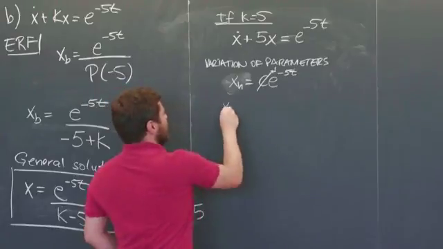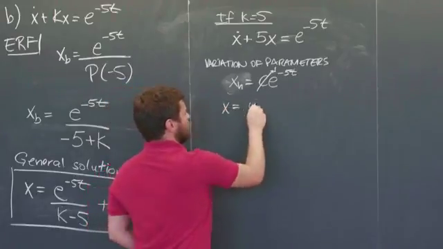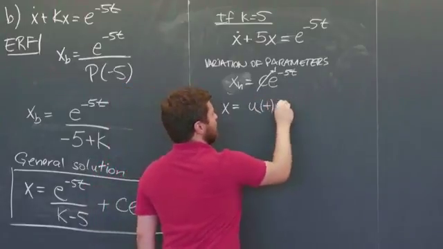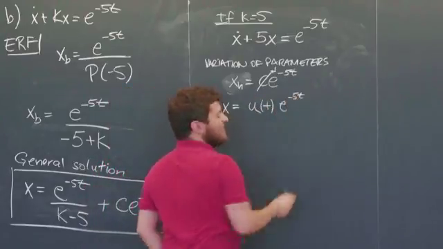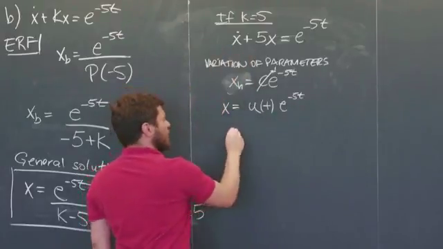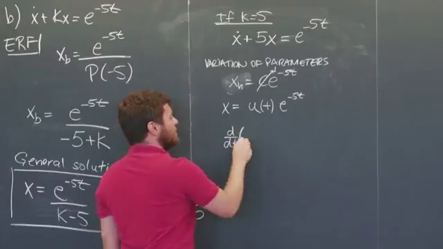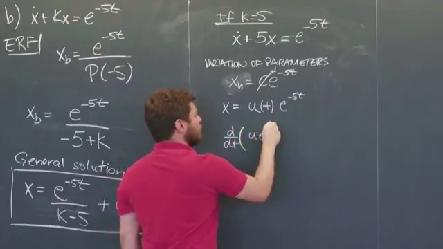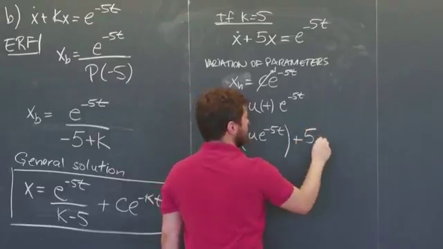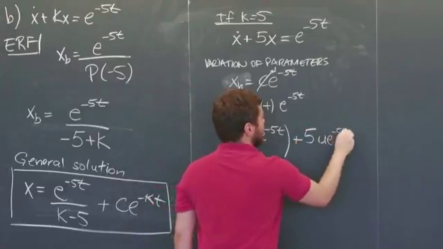So now, x will be equal to u, our introduced parameter, which is a function of time, times e to the minus 5t. We plug this into our ordinary differential equation, and we get d dt of u e to the minus 5t plus 5 times u e to the minus 5t.